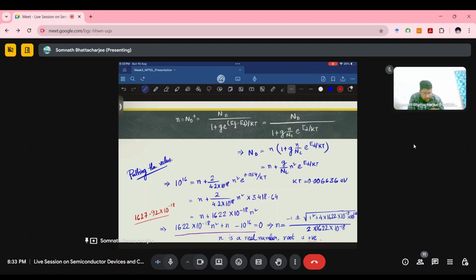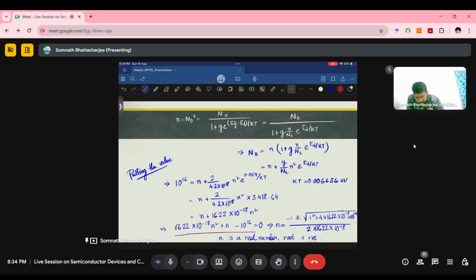Okay, just a second, let me multiply it. 3418.54 divided by 4.2 into 2. Yes, so there was a miscalculation.